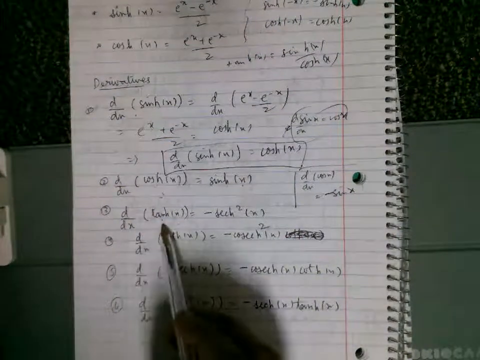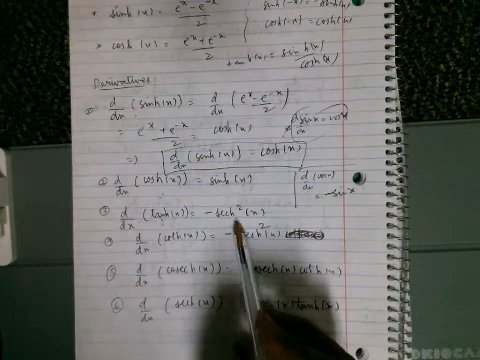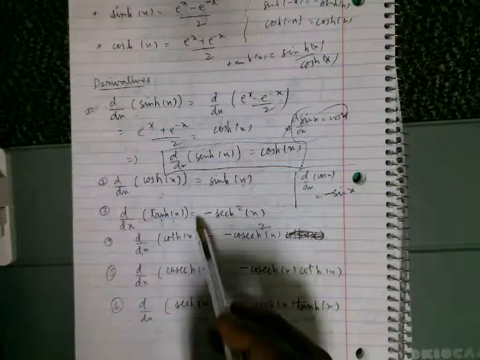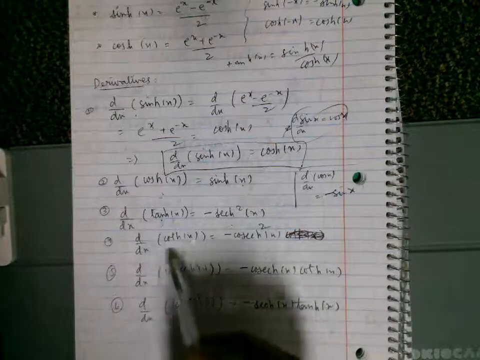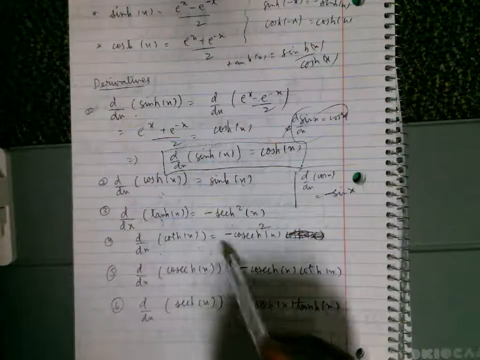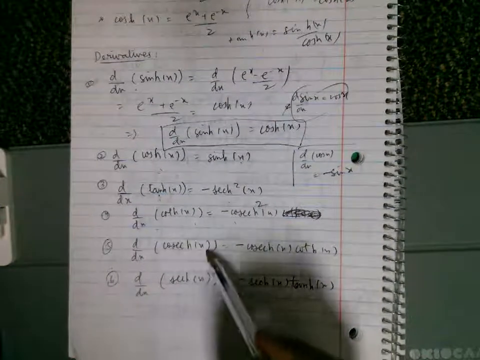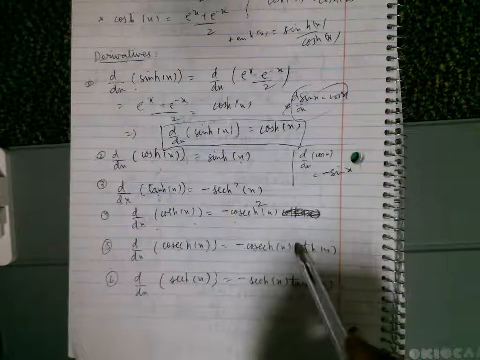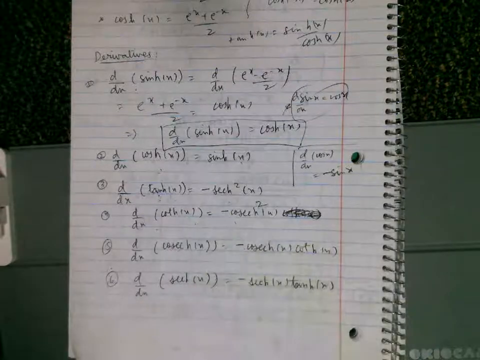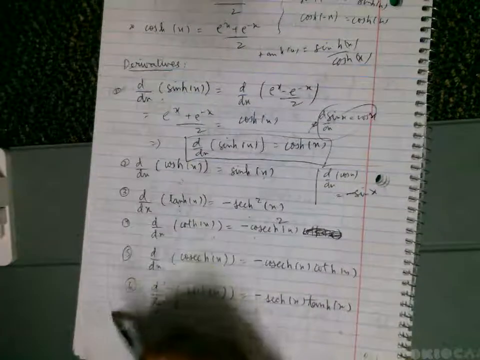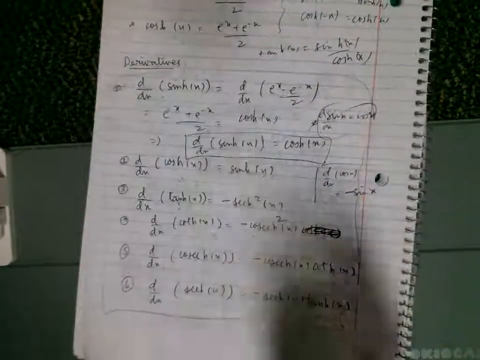The derivative of tanh x is sech squared x; however, for trigonometric functions we had a plus sign here. Similarly, the derivative of coth is minus cosech squared. The derivative of cosech is minus cosech coth, and the derivative of sech is minus sech tanh. These are some formulas that you may remember.